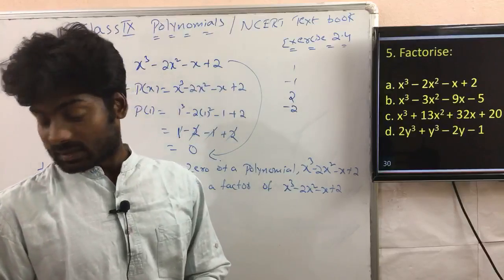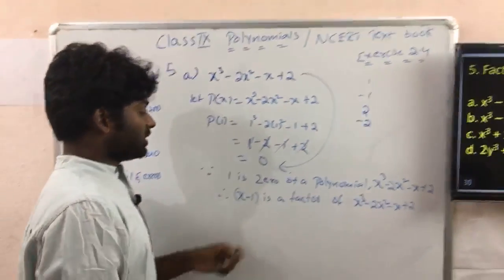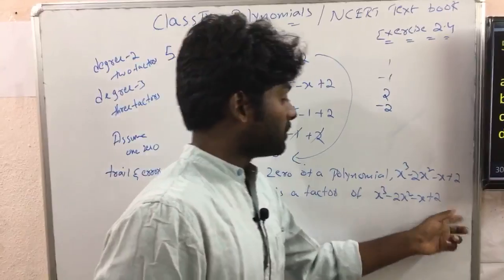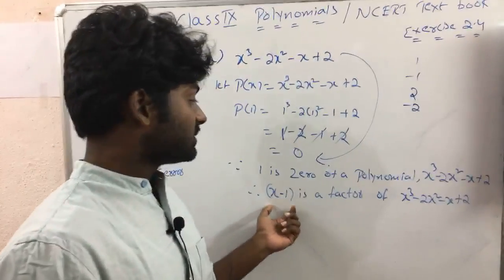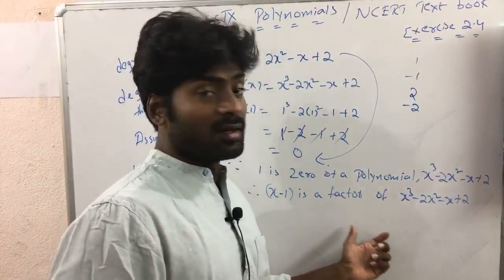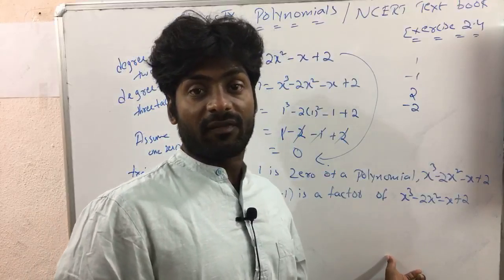Okay, the thing is that if anything is a factor of the given polynomial, when we divide with that, you will get the remainder 0, as in the factor theorem.